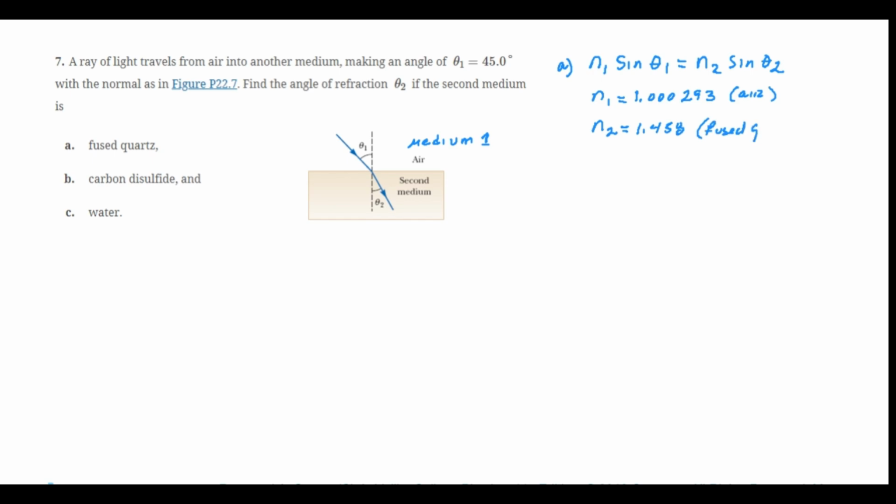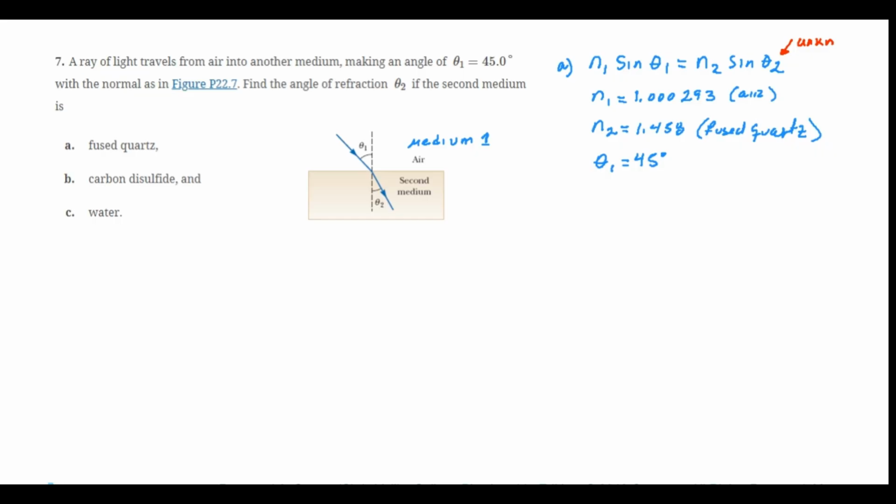Now we're ready to apply the law, because we also know theta 1, the angle of incidence, which is 45 degrees. In Snell's law, the unknown in this case is just theta 2, so we're going to solve for that unknown.